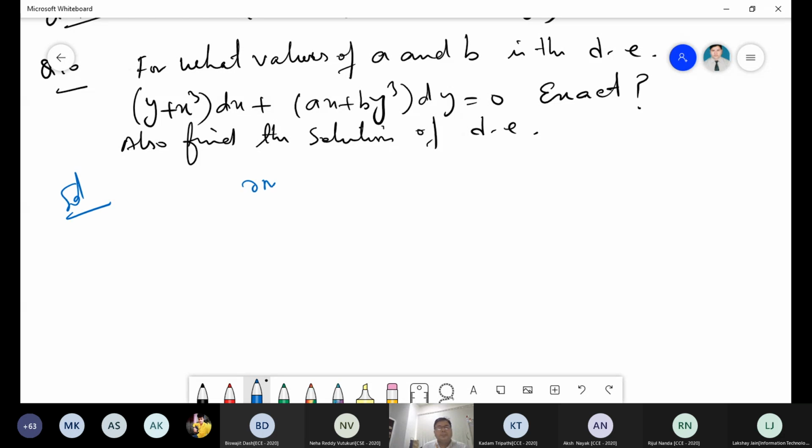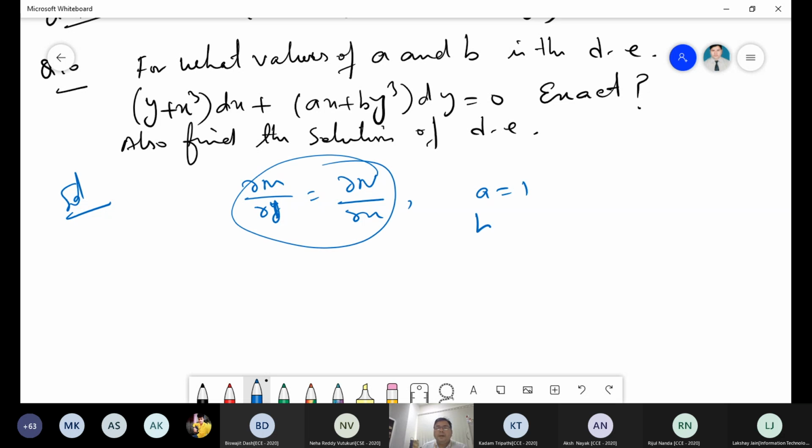When you find del m upon del y and del n upon del x, at a equal to 1 they become equal and the equation is exact. So at a equal to 1, b has no contribution to making the equation exact or not. This b value can be any value, because it has no contribution for the equation to be in exact form.